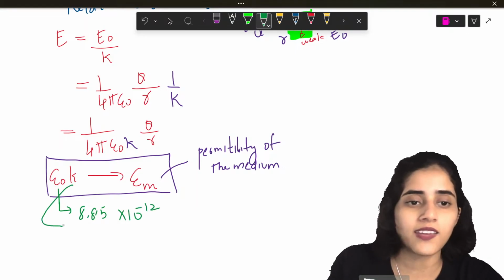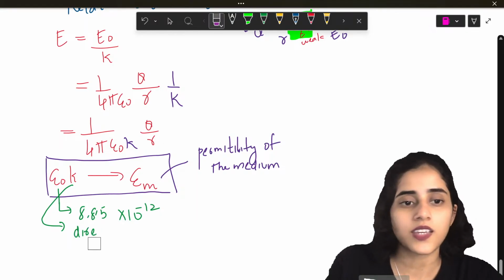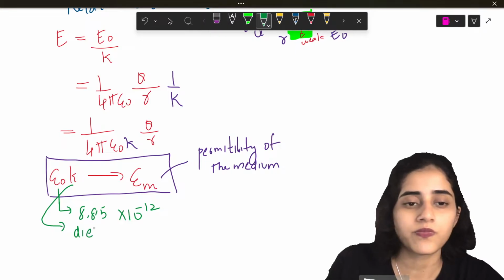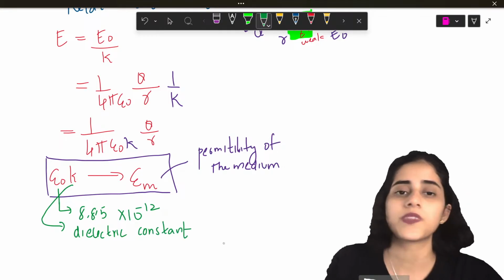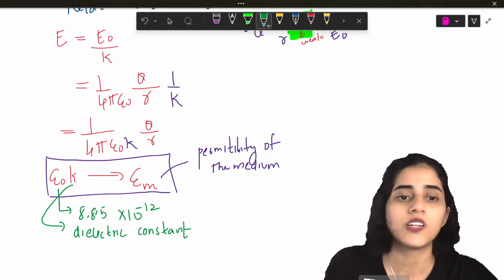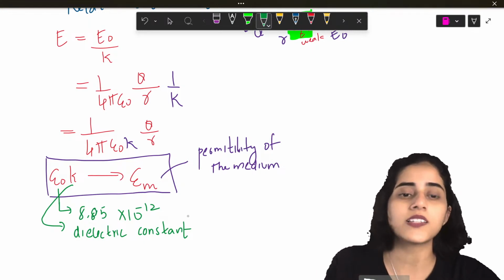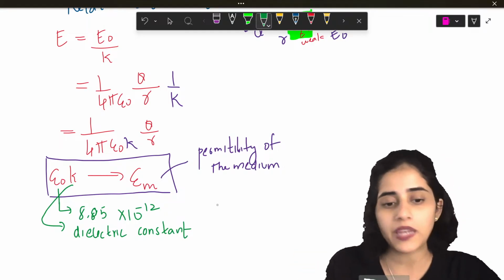And K is the dielectric constant. Epsilon M stands for the permittivity of the medium.